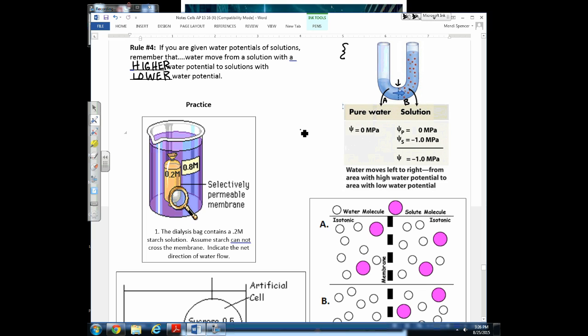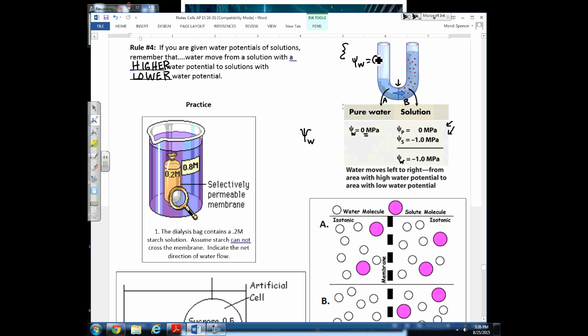Now, the symbol for water potential is this psi sign with a W behind it. So here is the measurement of water potential for side A. So I'm going to put a little W there. That's water potential. And then the water potential for side B is down here. And later on, I'm going to tell you what these two numbers mean. So let's write water potential on this side is 0.